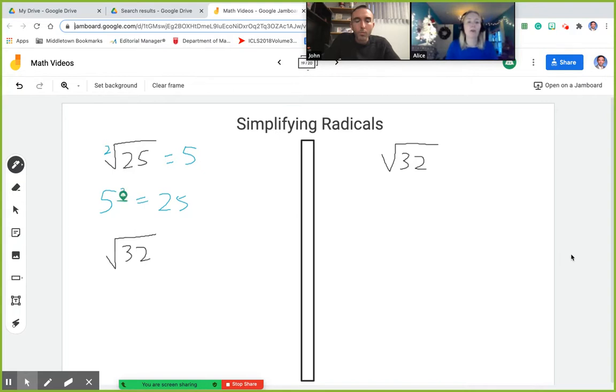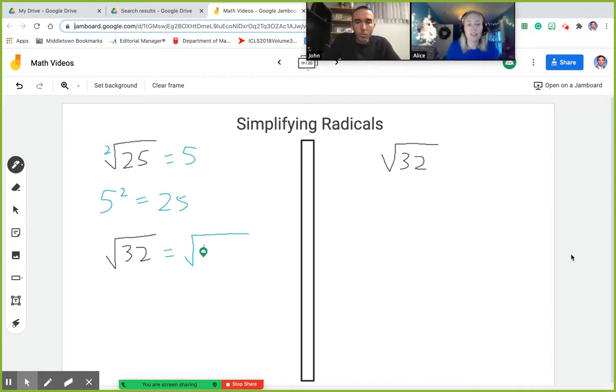So I'm asking myself, what squared is going to give me what's inside the radical? And it's 5 squared. I honestly know that because I memorized it, because when I was growing up, we had to memorize them. So to take it a step further now, let's do the square root of 32. I'm going to ask myself, what perfect square is lurking in there?